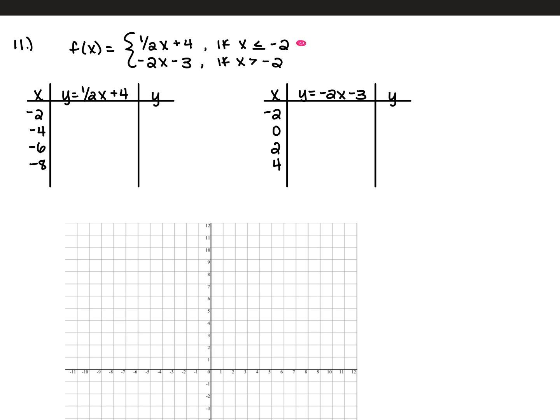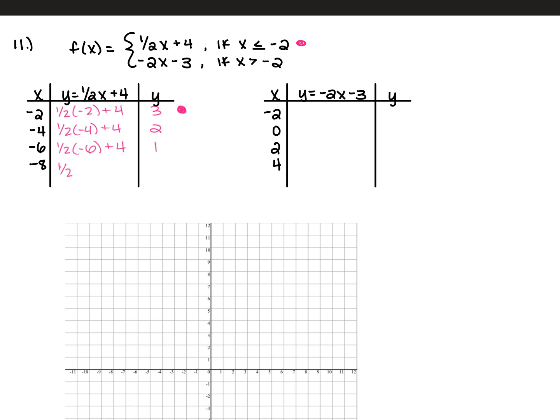So that means that we're going to have 1/2 times negative 2, which is negative 1, plus 4 is 3, and that's going to be a closed circle. Then we'll have 1/2 times negative 4, which is negative 2, plus 4 is 2. Then 1/2 times negative 6 is negative 3, plus 4 is 1.